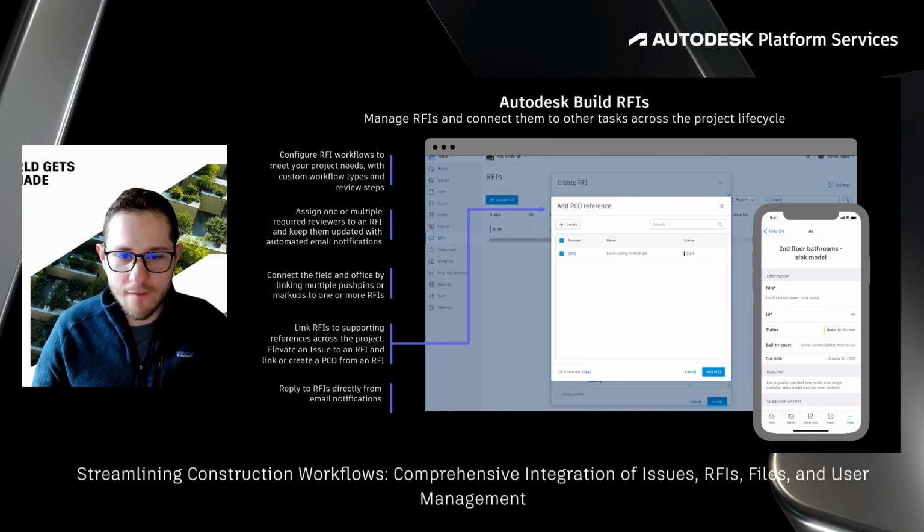So if the architect, for example, is someone that needs to answer this RFI, it can be done within the RFI workflow. And from an API standpoint, we have an endpoint for Autodesk Build that allows you to not only create the RFIs, but also get the status updates from these RFIs, and of course, update them.